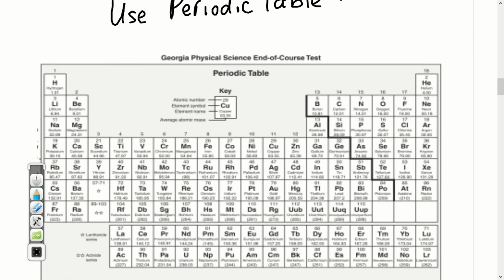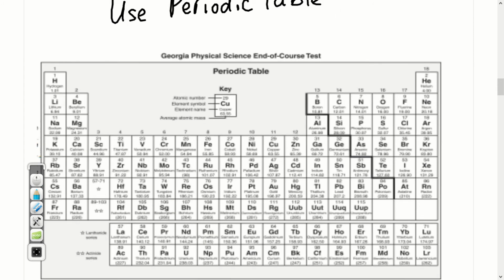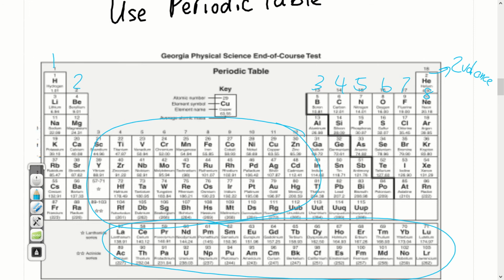Okay. So one more time. Basically, count the tall columns. 1 valence, 2 valence. Skip, 3, 4, 5, 6, 7, and 8. Again, helium is an exception. It has 2. Okay. What about the middle elements? Well, it turns out all of the middle elements, the transition metals and inner transition metals, they all have 2 valence electrons.